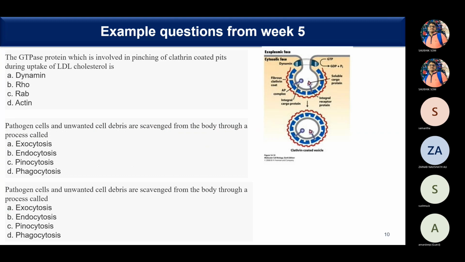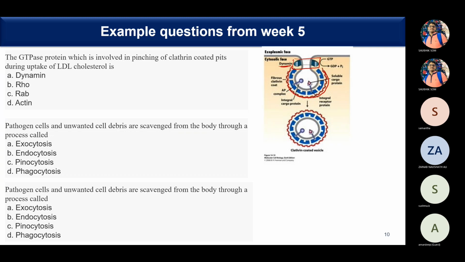Okay. And yeah. So the GTP protein which is involved in pinching off clathrin-coated vesicles, now this was also not taught. Only it was taught that during pinocytosis, these clustering proteins coat the vesicles, and then a protein known as dynamin uses GTP energy to constrict the membrane.